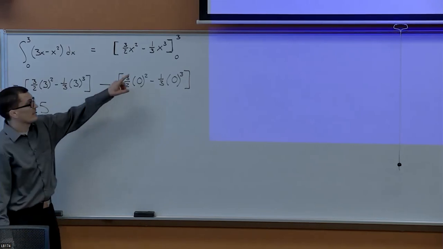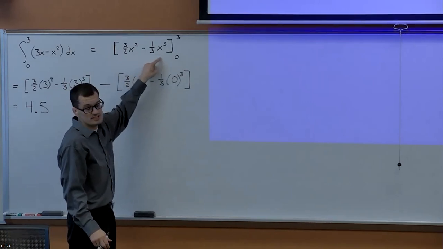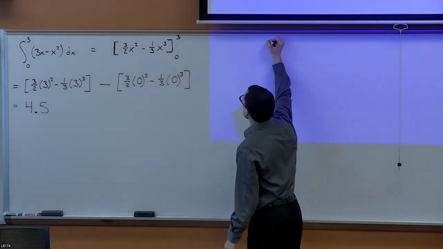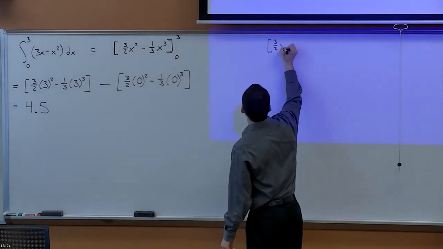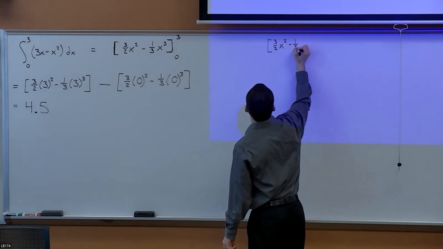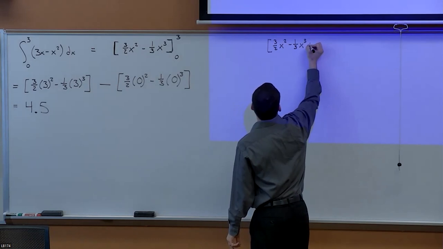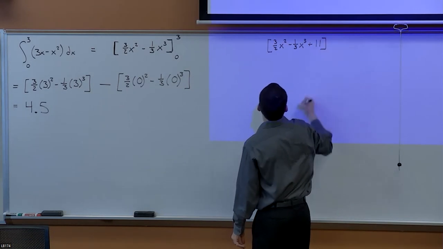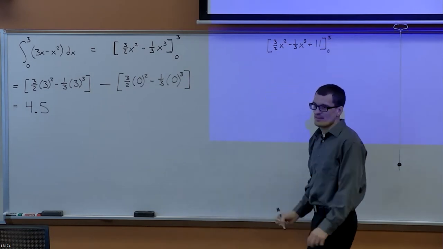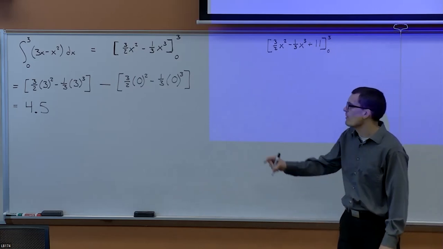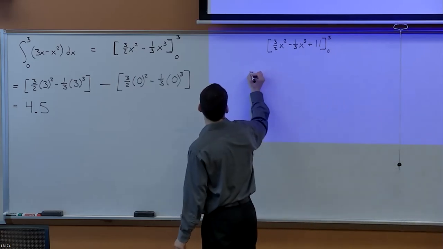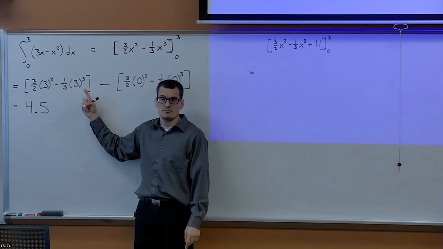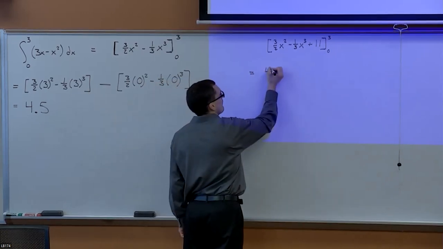By the way, like I said, this is one particular antiderivative with constant 0. If somebody else would have used a different antiderivative, let's say we added a constant of 11 and did the same thing, when I plug in a 3, I get 4.5 plus 11.